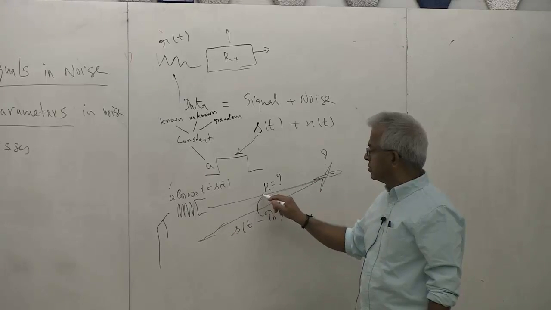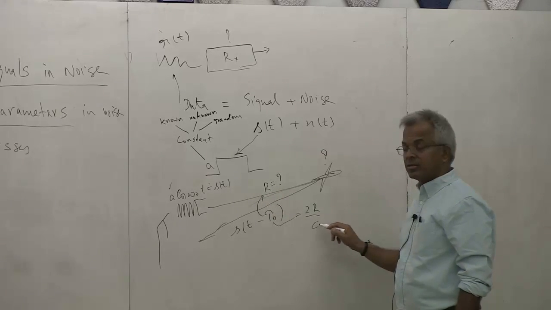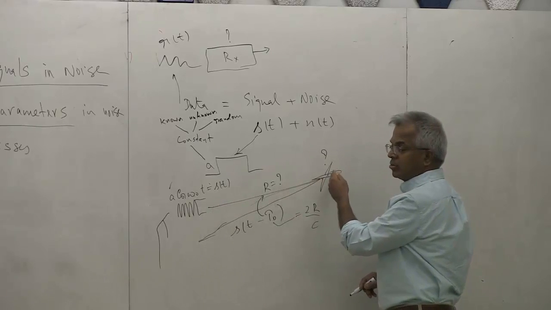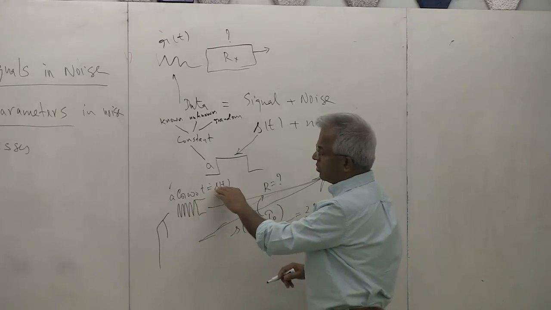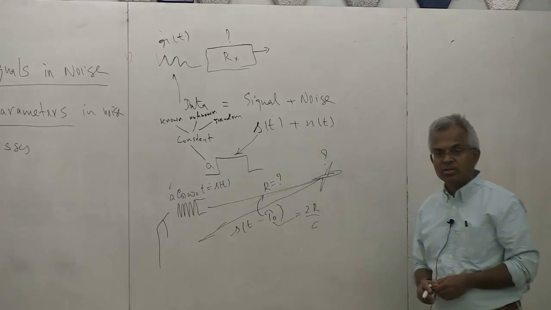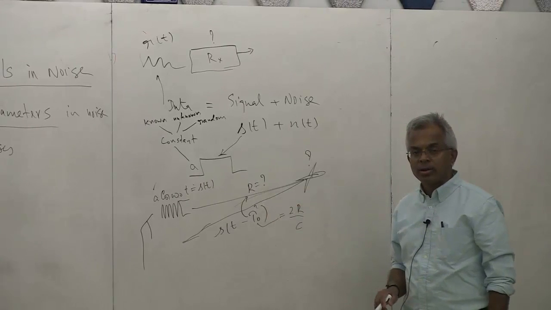This delay depends on 2r by c, the round trip delay, since the signal has to go and come back. So if you call this S of t, by the time it comes back, it is going to be S of t minus t naught. But you have no idea, so this is also unknown.